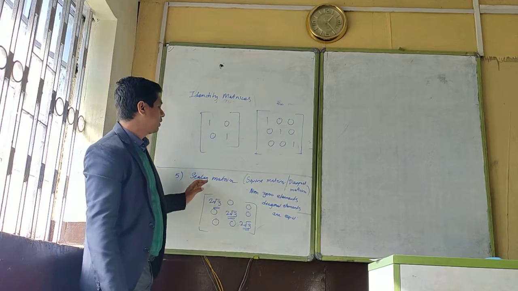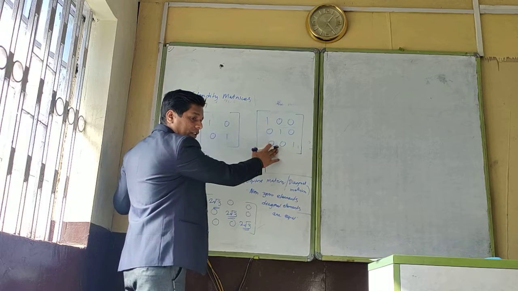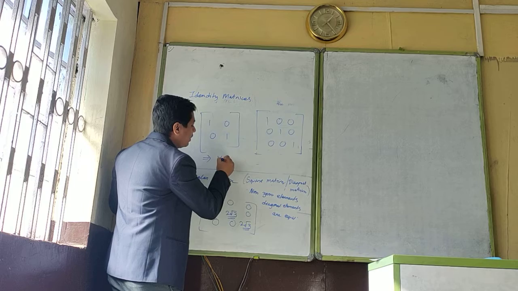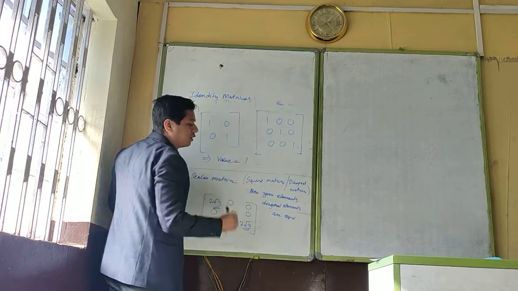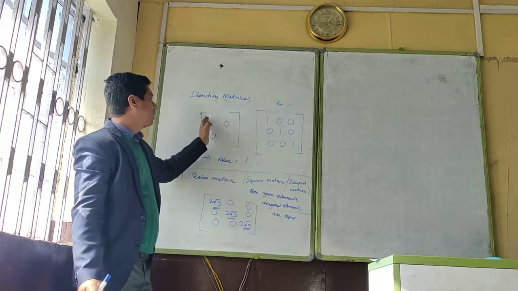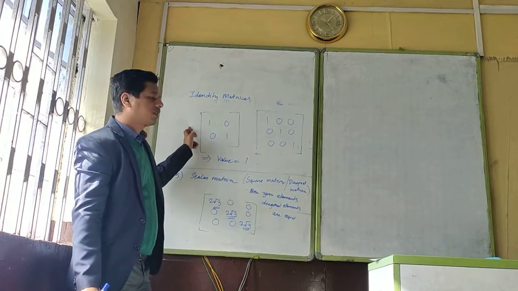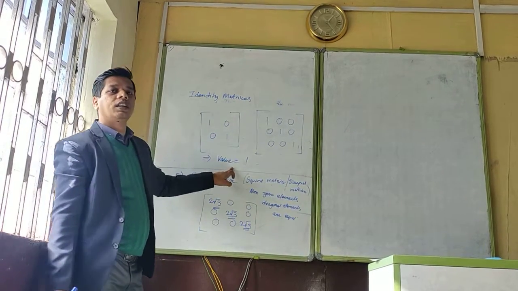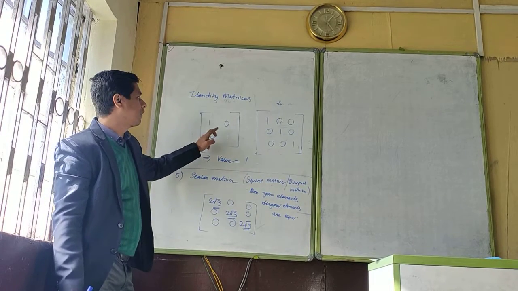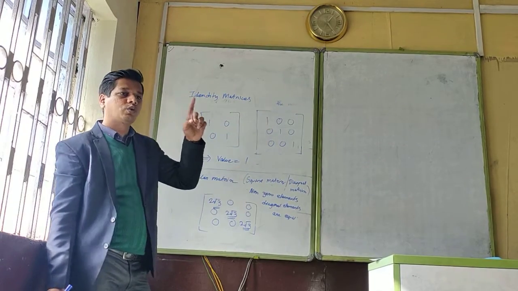The only difference between a diagonal matrix and a scalar matrix is... this is also a scalar matrix as well. You can see all the values are the same, but the value in an identity matrix always has to be equal to 1. You cannot have any other values out here. If you have 1 assigned in a diagonal fashion in a square, diagonal matrix, then we can say it is an identity matrix. So this is also a scalar matrix because all 3 values out here are the same, but here the value has to be always 1.